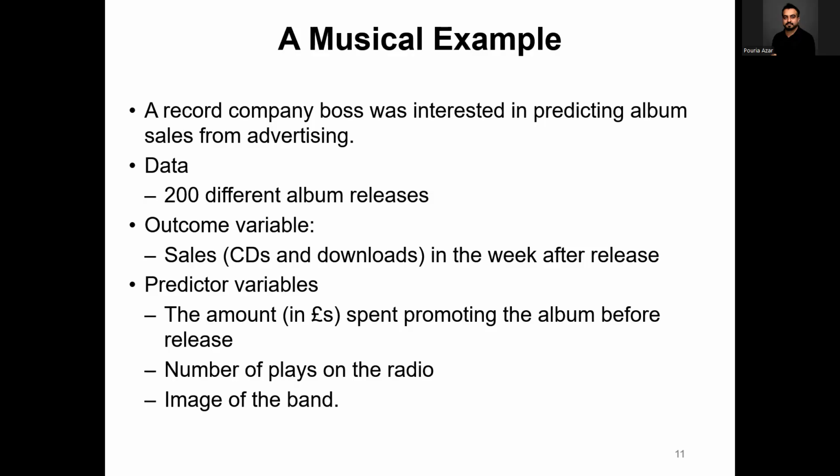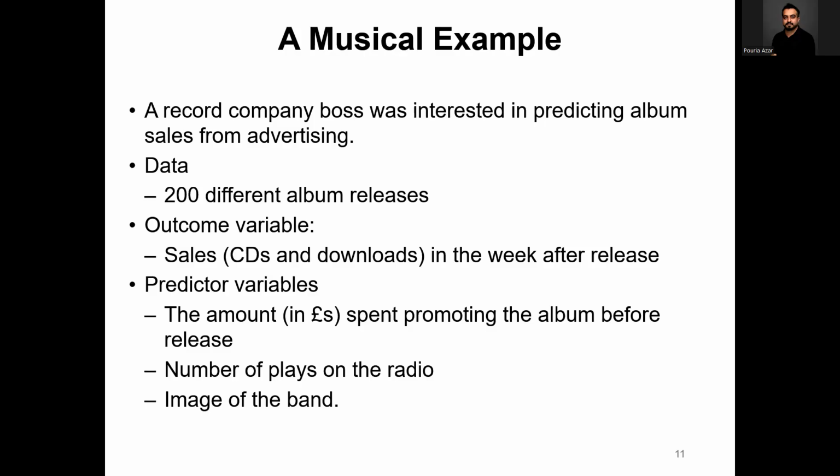So we will use regression analysis to answer this research question. The outcome variable is sales. And the predictor variables are the amount in pounds spent promoting the album before release, number of plays on the radio, and image of the band.